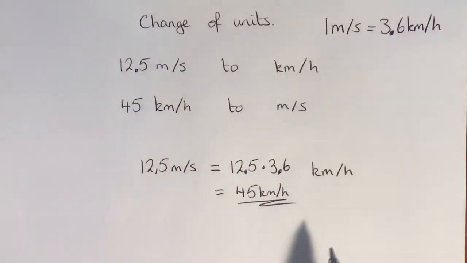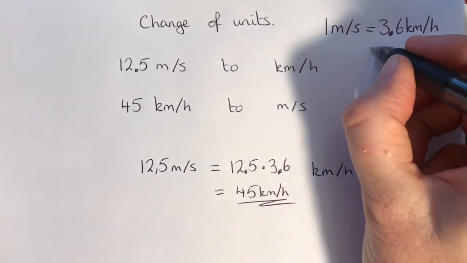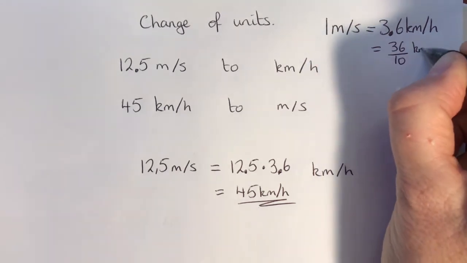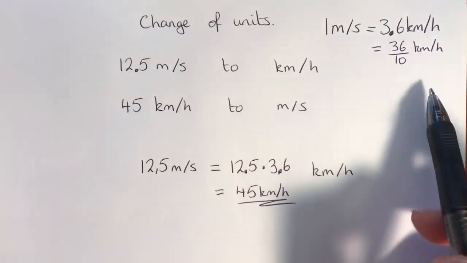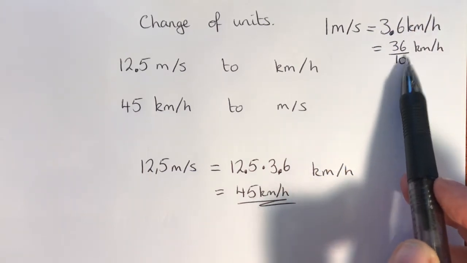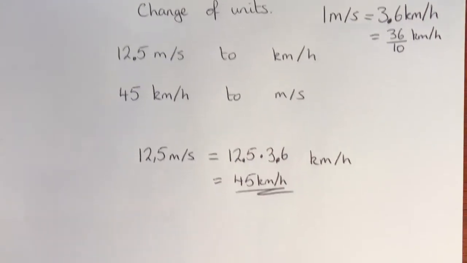So if you can remember that conversion rate, that 1 meter per second is the same as 3.6 kilometers per hour, or another way I've seen it is 36 divided by 10 kilometers per hour, so you don't actually have to have the decimal point involved. 36 divided by 10 is the same as 3.6. You can do this conversion directly.